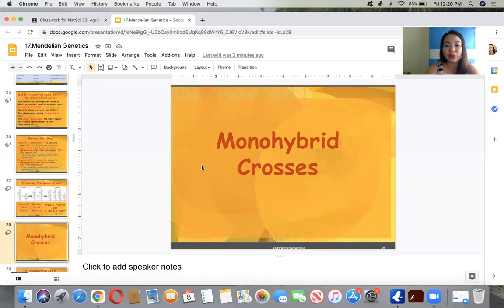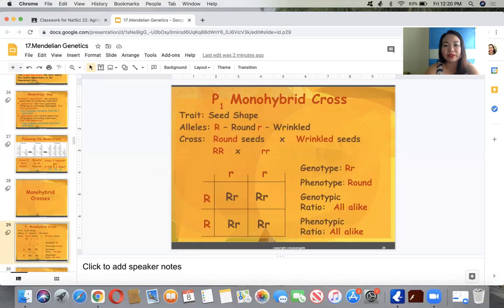So let's talk about the monohybrid cross. For example, the trait is seed shape. There are 2 alleles, round and wrinkled, represented by big letter R and small letter r.